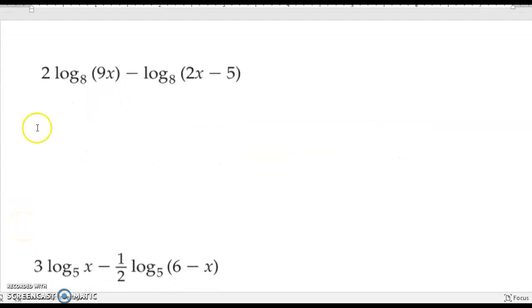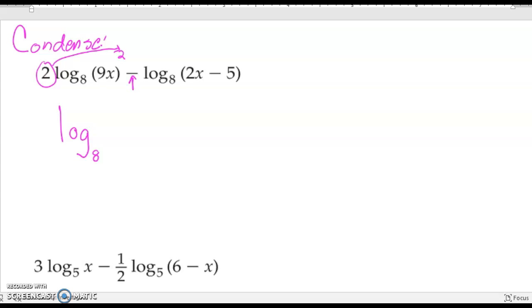Now we're going to do the opposite. We're going to condense. All right, the first thing I want to do is start by moving my 2 back up over top as a power. And now I'm going to write log base 8 one time only.